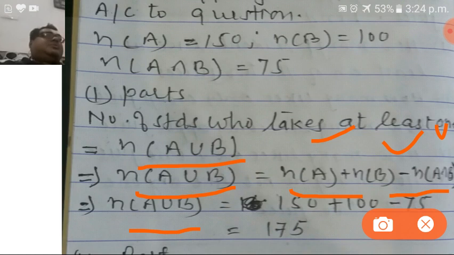It means these 175 students like either apple, or orange, or both the juices, as you were asked to find the number of students who like at least one of the two juices.